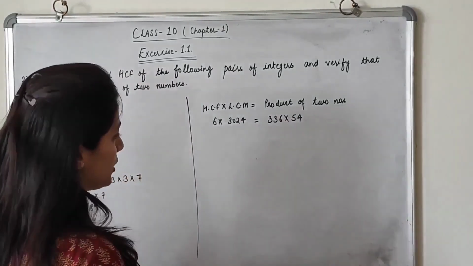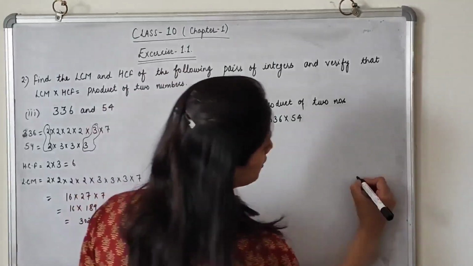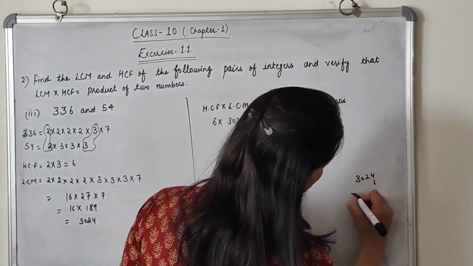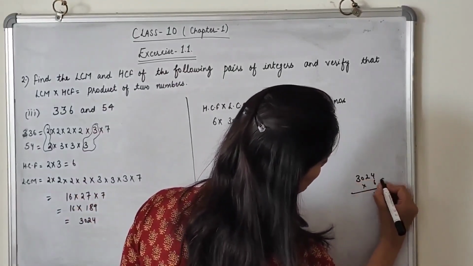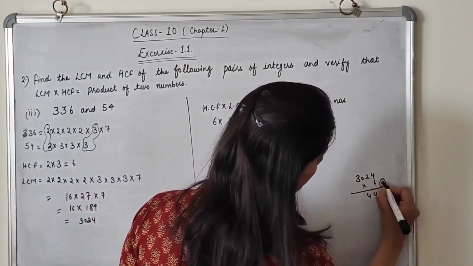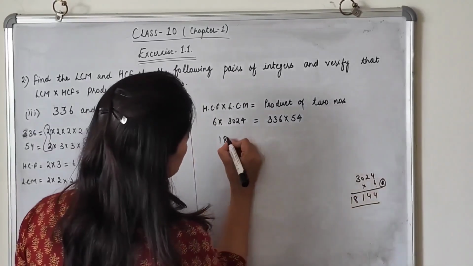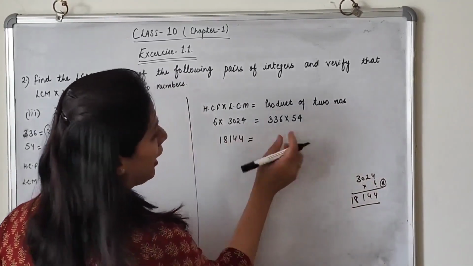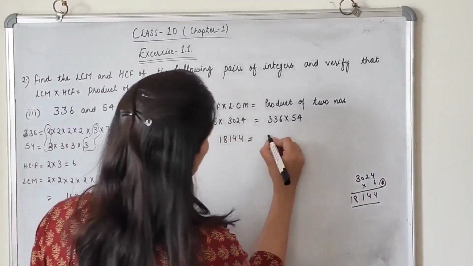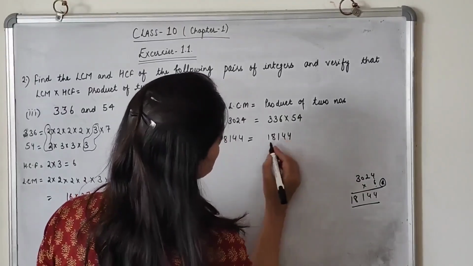So what is the answer of 3024 into 6? 6 4s are 24, 2, 6 2s are 12, 2, 14, 1, 1, 6 3s are 18. Our answer is 18144. And when you multiply these two numbers, you will get the same result.